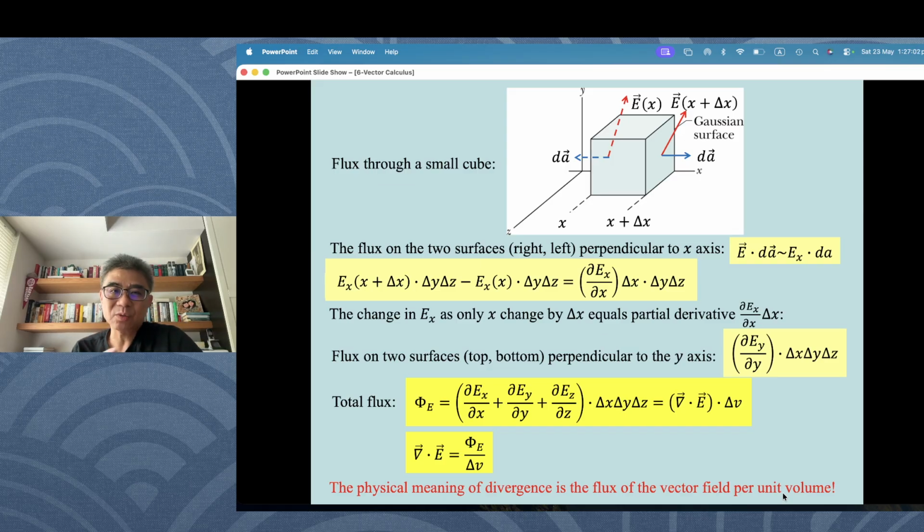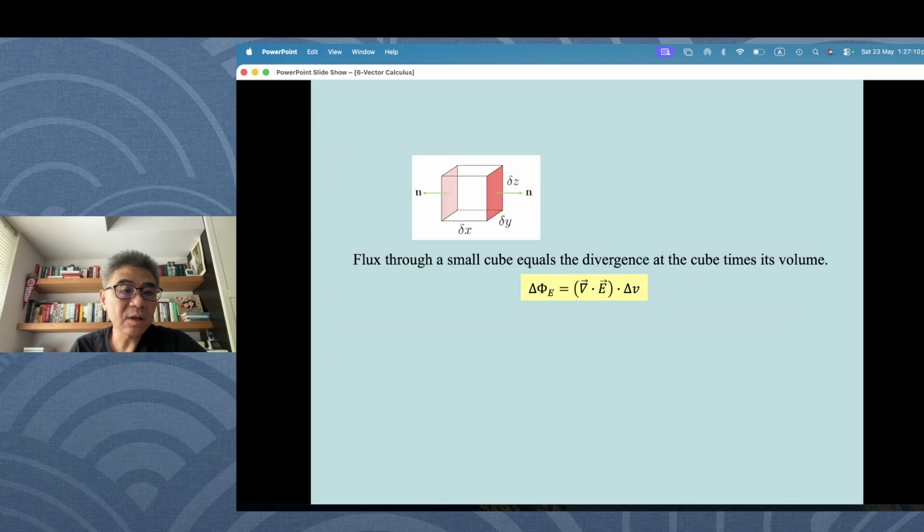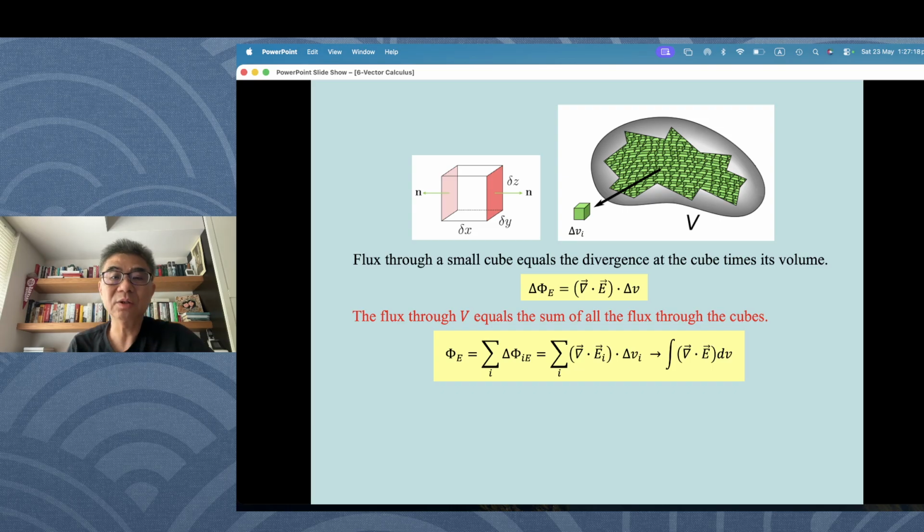Better remember this result because it will be used very soon to calculate any flux through a surface. For a small cube, the flux is equal to the divergence times its volume. And we have already told you in the earlier transparency that the flux through any Gaussian surface is equal to the sum of the flux through all the cubes comprising this Gaussian surface.